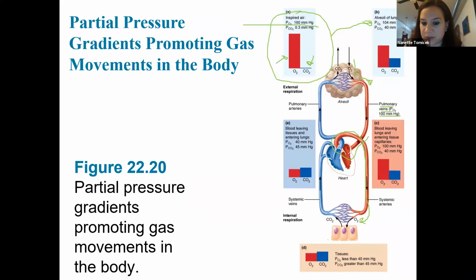Ooh, tissues aren't in a good place. Look, the PO2 in tissues is only 40 millimeters of mercury. The blood coming in is 100 millimeters of mercury. So now we have a pressure gradient again that we have to worry about. Which way is oxygen going to diffuse from the tissue capillaries to the tissues?